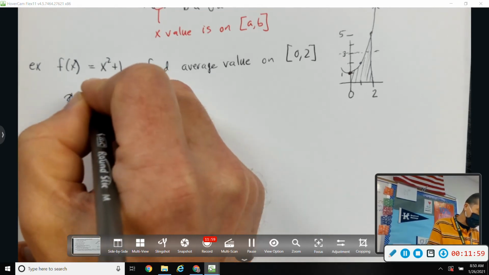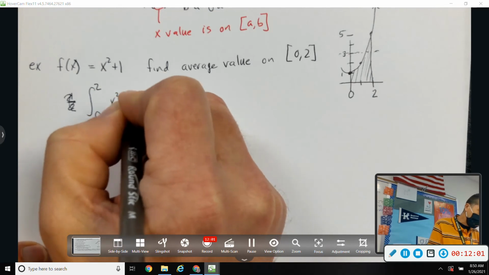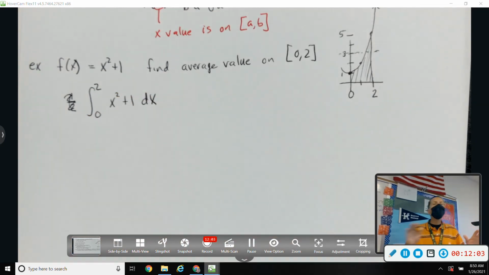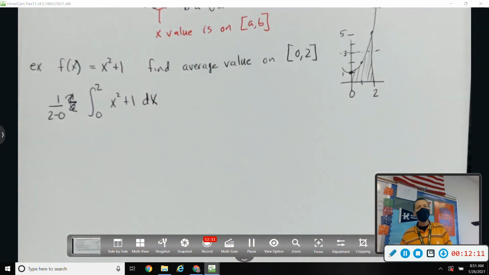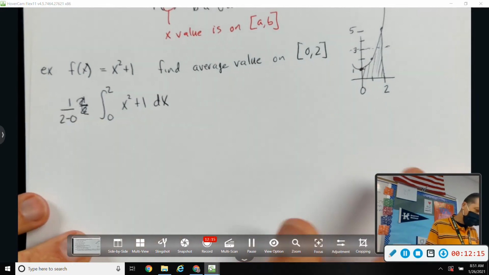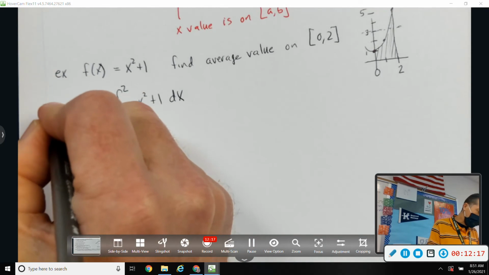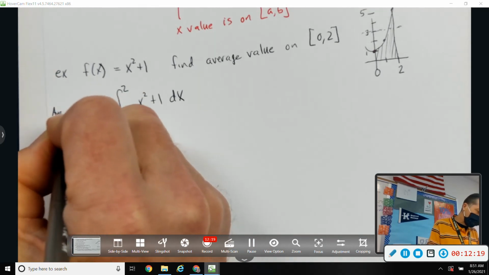The area would be the integral from 0 to 2 of x squared plus 1 dx. That'd be the total area. But I want to divide that by the width, so 1 over 2 minus 0. We're thinking b minus a. That'll be the average height.